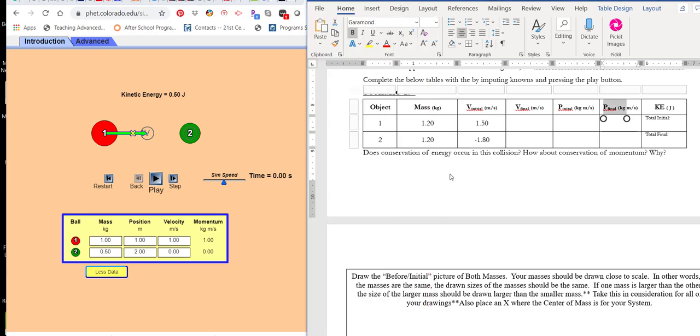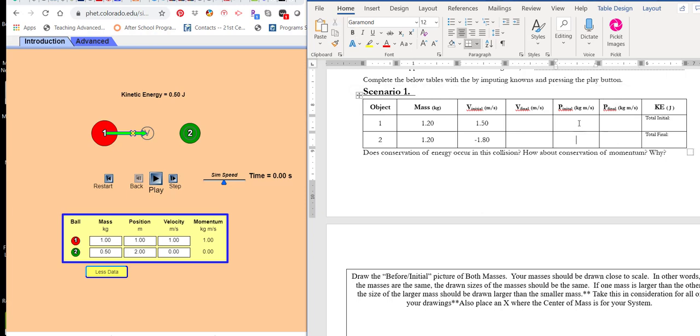So does the conservation of energy occur for this one? And this will tell you what's happening with the kinetic energy. What about conservation of momentum? Conservation says, will the total momentum initially be equal to the total momentum final? So you have your initial momentums for object 1 and object 2.